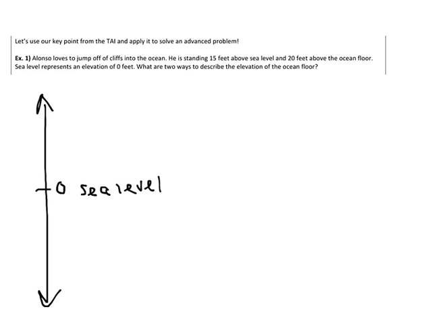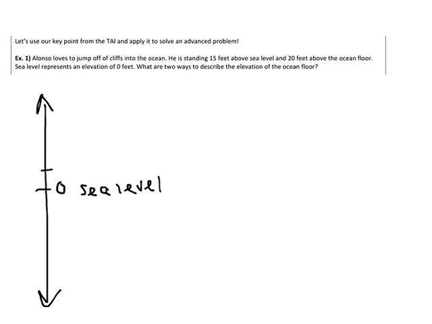Well, we don't know where the ocean floor is yet, so right now we can plot where he is above sea level, and then we can figure out what our remaining spot to plot is. So let's make our hash marks and let's have a scale of 5 instead of a scale of 1 so that we don't have to have quite as many hash marks.